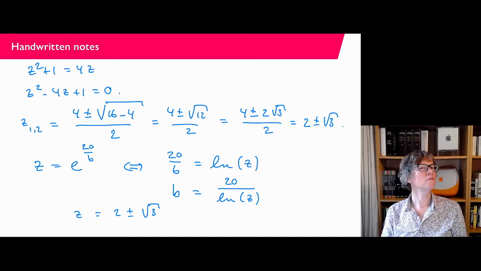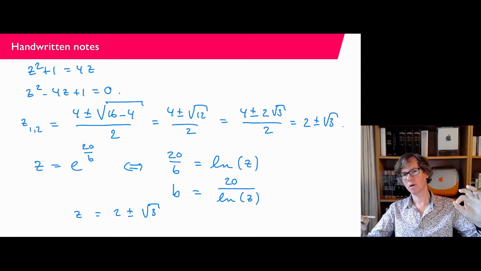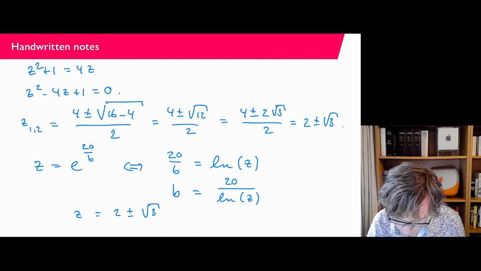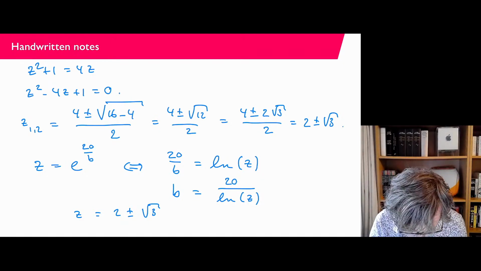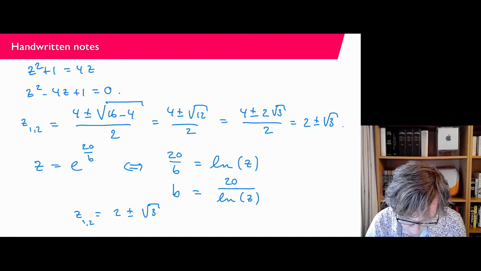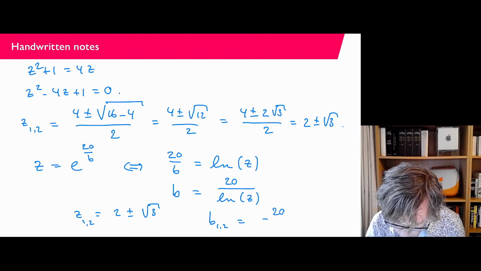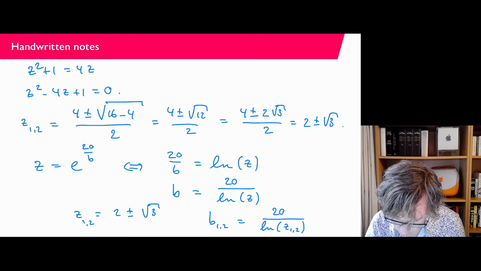So it seems that I find two different values for the b here, which is a bit strange because there was only one curve going there. So what's happening here? Let's see. So we have, let's put the 1, 2 here. So then we have that b1, 2 is 20 over ln z1, 2.